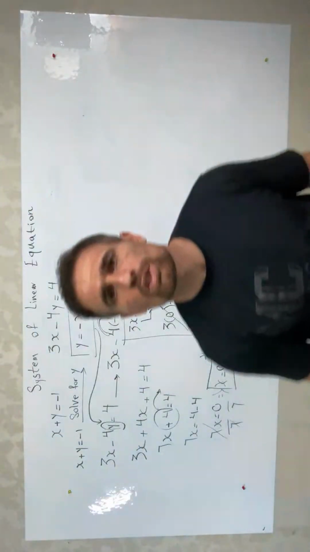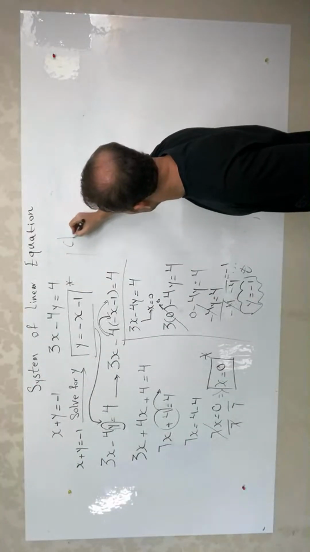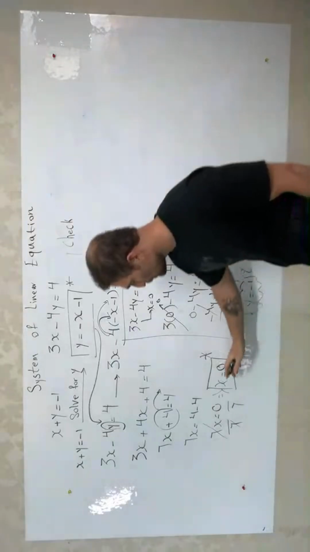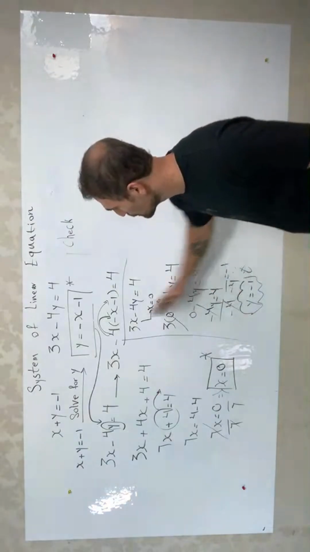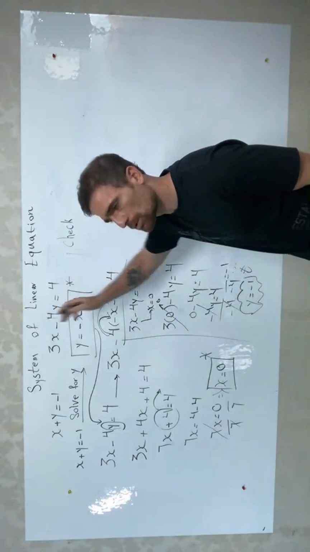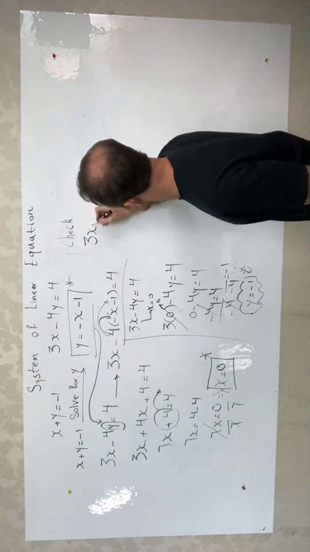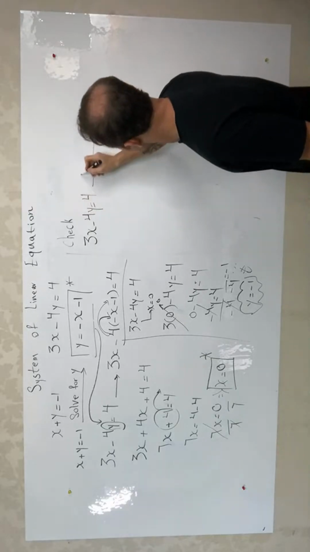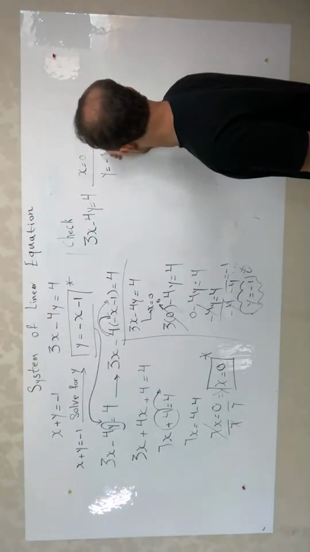Now we are going to check our answer. We are going to see whether the answers are true or not. Let's check it. To check, I'm going to plug x equals 0 and y equals negative 1 into our equation and see whether both sides are equal or not. So we have 3x minus 4y equals 4, with x equals 0 and y equals negative 1.